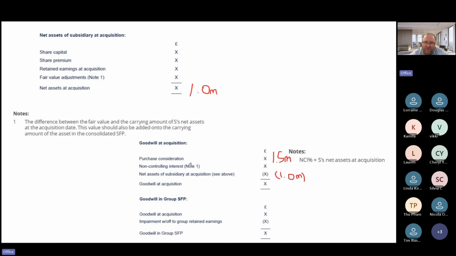The bit in the middle, the non-controlling interest, is the percentage we don't own. So let's assume we bought 60%, so the non-controlling interest is 40% of the net assets at acquisition. The net assets at acquisition were £1 million. 40% of £1 million, 0.4 million.